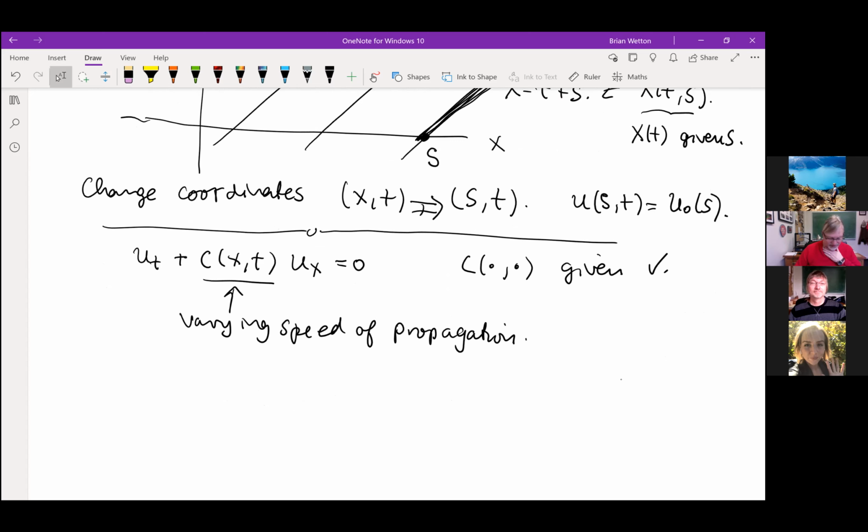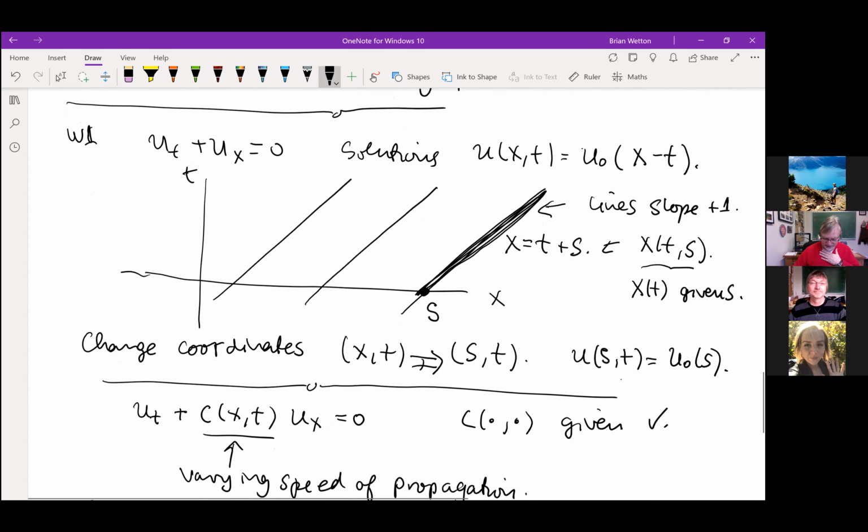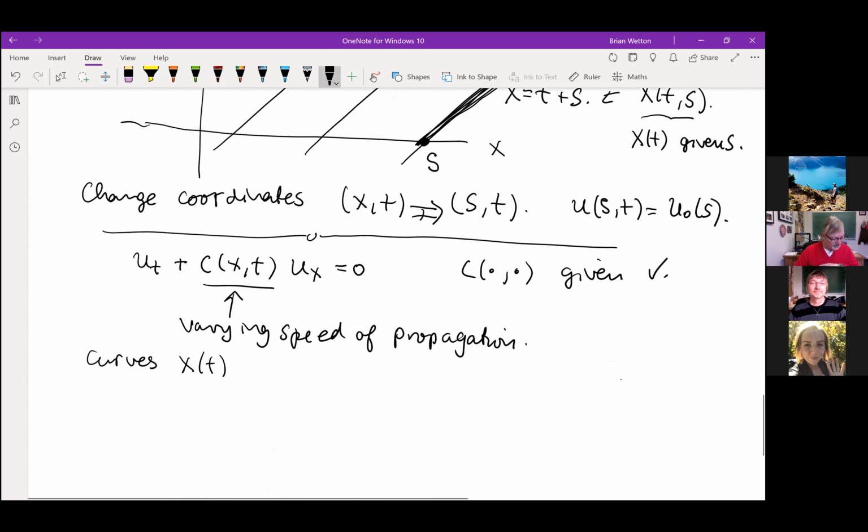So we're going to look at the same idea. We're going to look for curves x of t. For the simple problem we started with, the curves were just straight lines with slope 1.